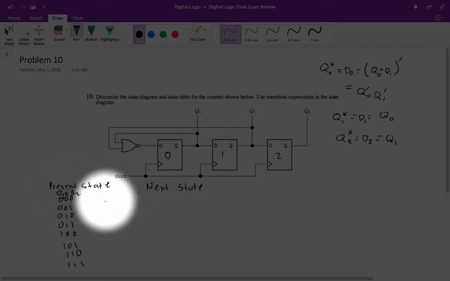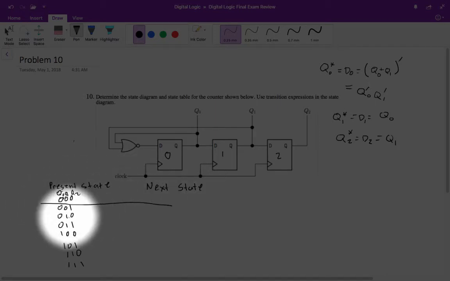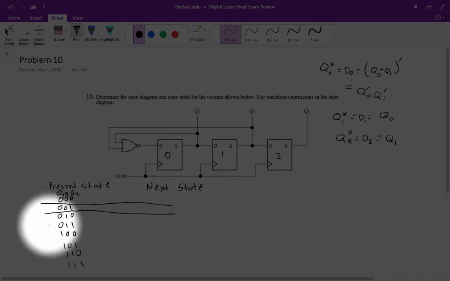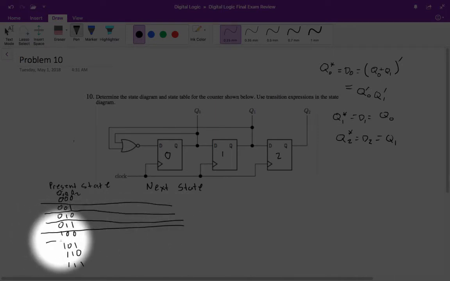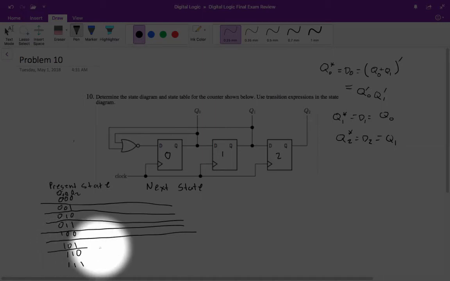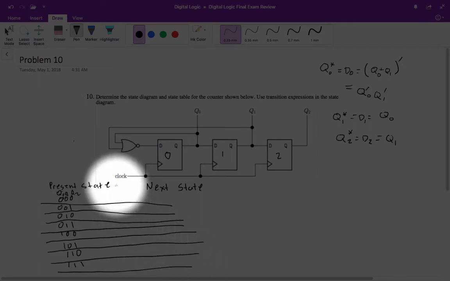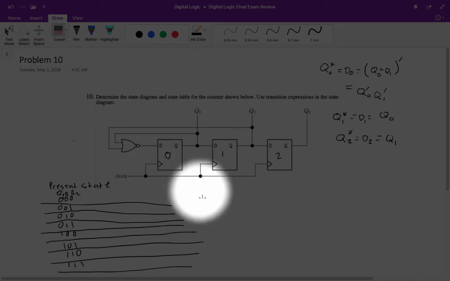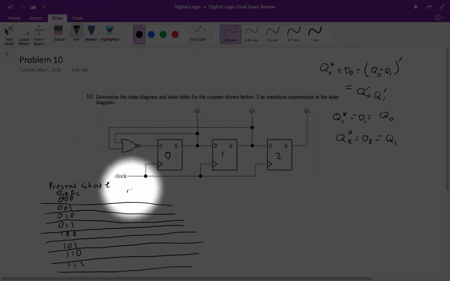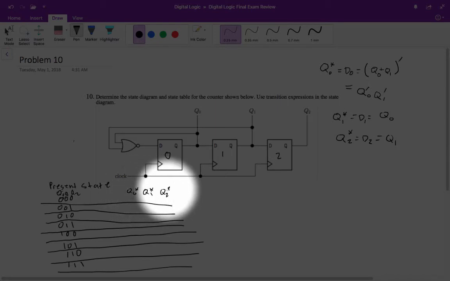And then we'll have our next state, which will be Q0 star, Q1 star, and Q2 star.